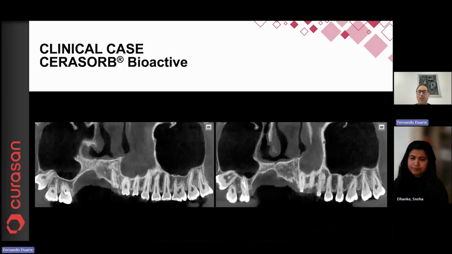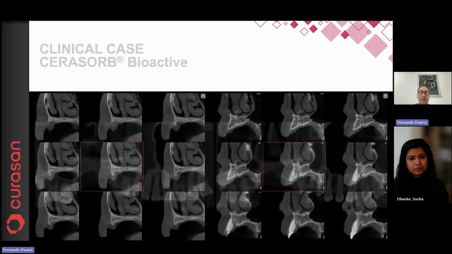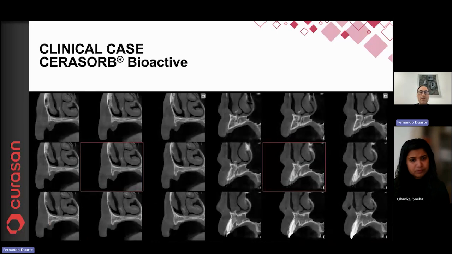The remaining autogenous bone was very little, and we decided to do the first surgery to reconstruct as much as we can to create a bone base, and in the second surgical time we will place implants and do a second bone augmentation. And this is the first idea, first images, as you can see there.